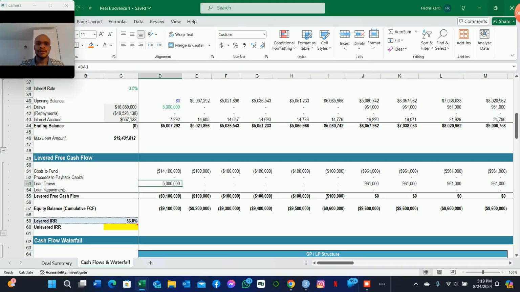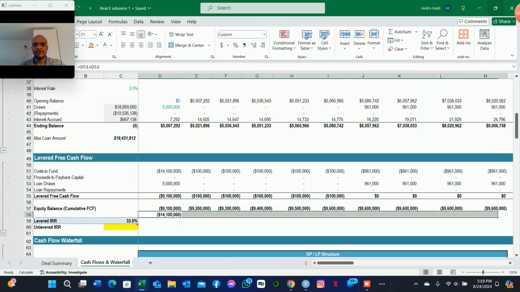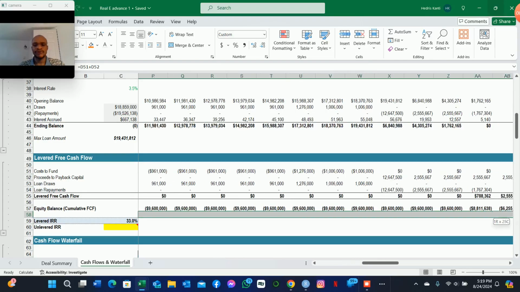So say this project was 100% financed by equity. So we're gonna go by taking the sum of the cost to fund plus the proceeds to pay back capital only. So we're saying that they are financing this project using equity only.